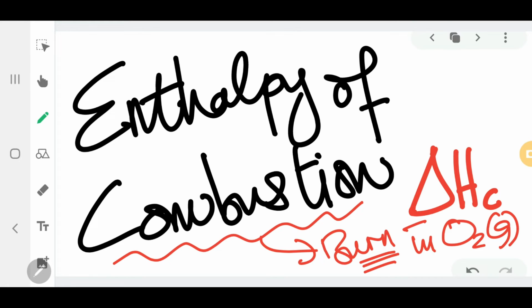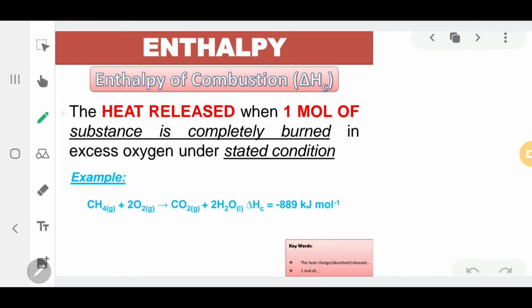So combustion means you are burning something in the presence of oxygen. If you look at what happens to the heat, it will be released, because when you burn something, you will feel the heat.